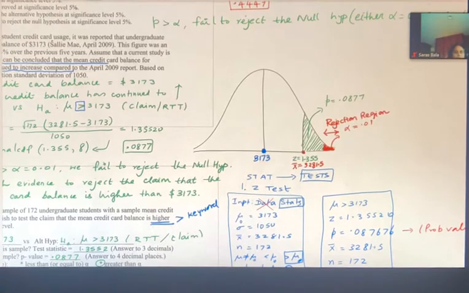Since my probability value is pretty strong, it is going to fall in the acceptance zone, so from here all the way down is my acceptance region.